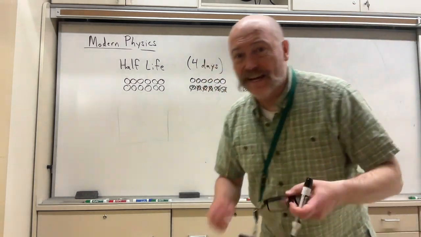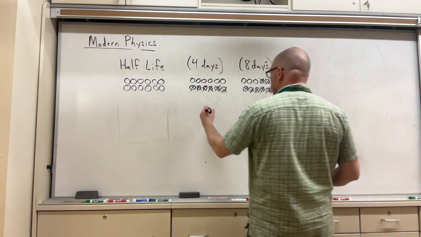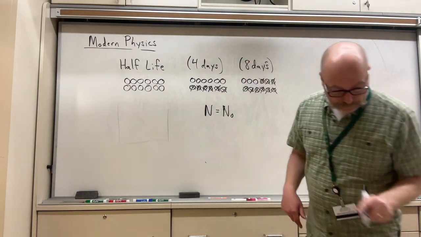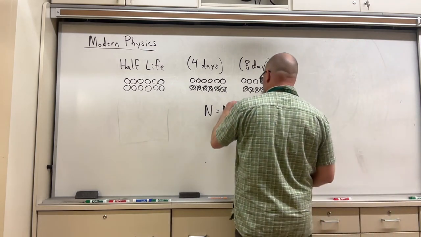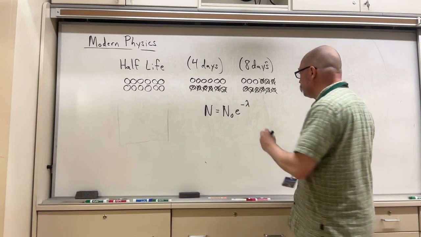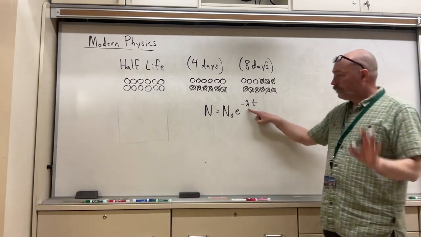So let me just write it down and make sure you have it. The formula is saying this: N equals N0 e raised to the negative lambda times t. Okay, so here's what this is. This is not wavelength.